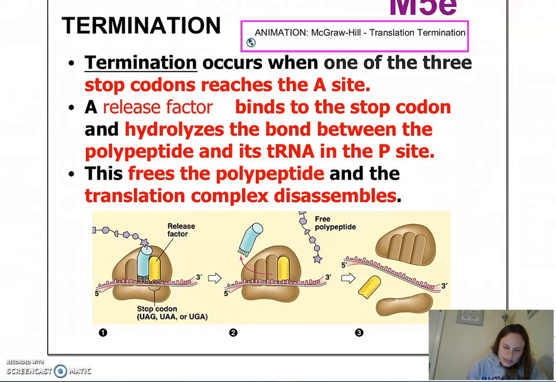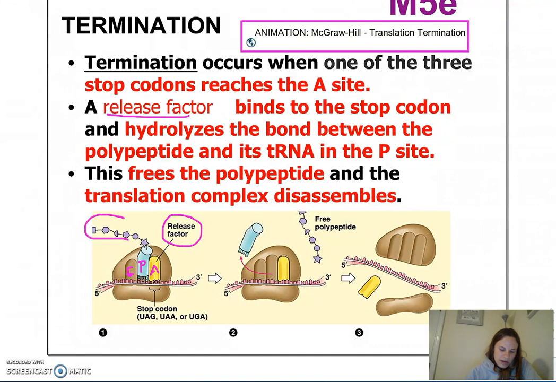So remember, we still have our E site, we still have our P site, and we still have our A site. Termination occurs when stop codons reach the A site. And we have this release factor that's going to bind to the stop codon and hydrolyze, break the bonds between the polypeptide and its transfer RNA that's at the P site.